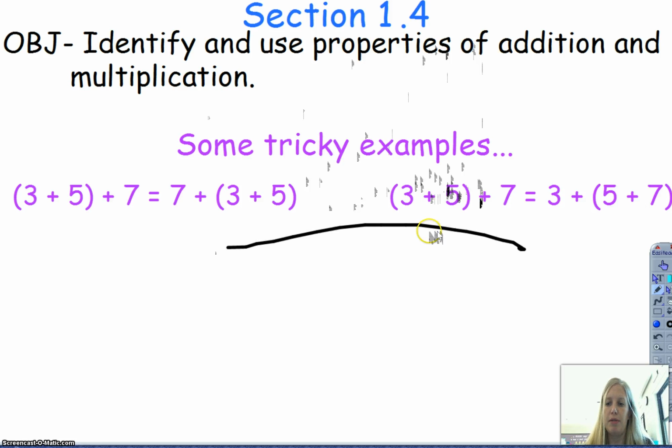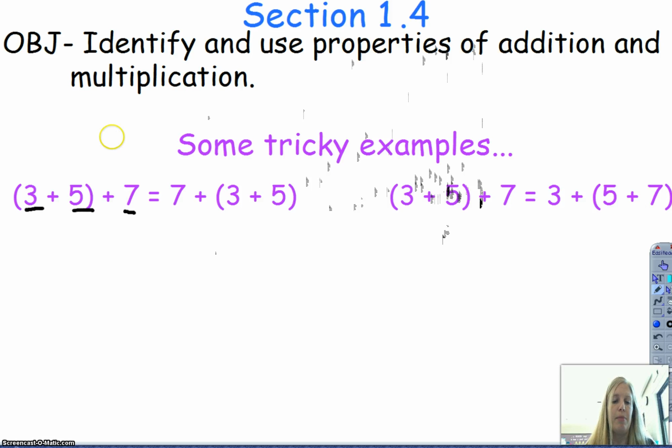So if you look here, remember to tell associative, you look for the order. We have 3, then we have 5, then we have 7, but then we have 7, 3, 5. So they're switching the order. What happens is they're switching this 7 and the grouping of 3 plus 5, and they're saying 7 in the front with 3 plus 5. So this one over here is the commutative property.